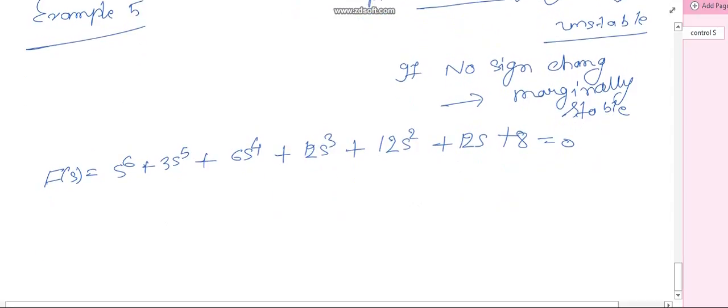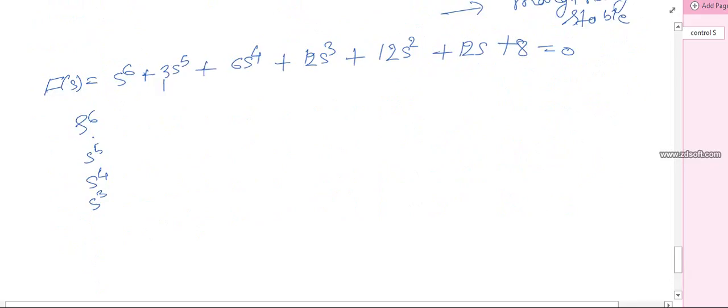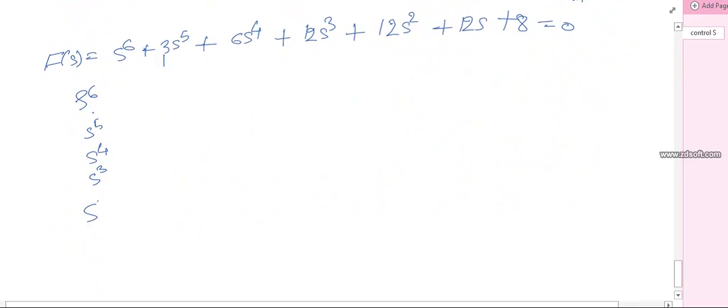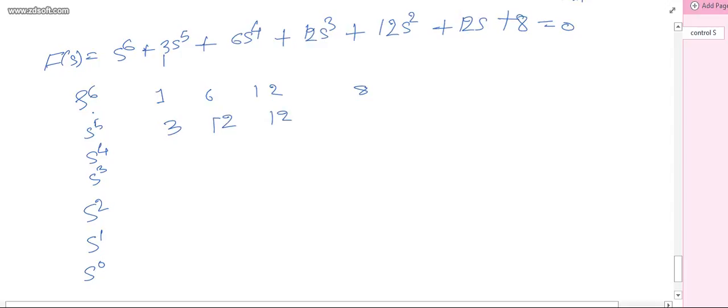and if you form Routh's table S6, S5, S4, S3, S2, S1, S0, here you get 1, 6, 12, 8 and 3, 12, 12, 0.